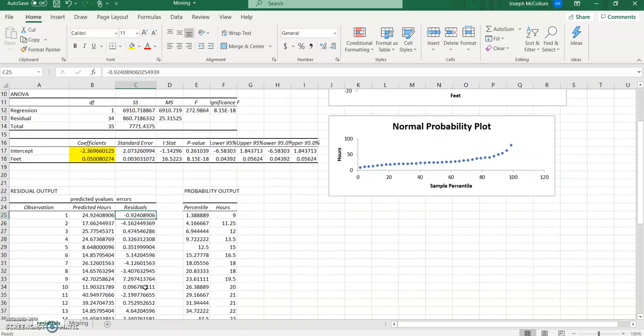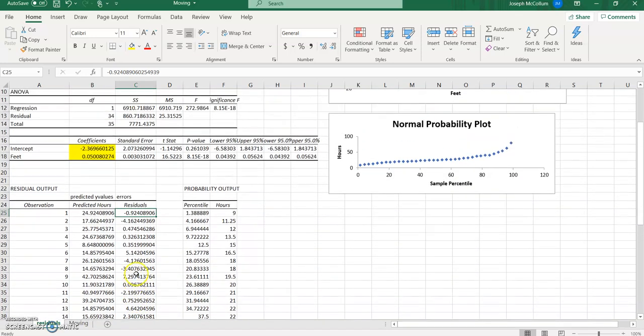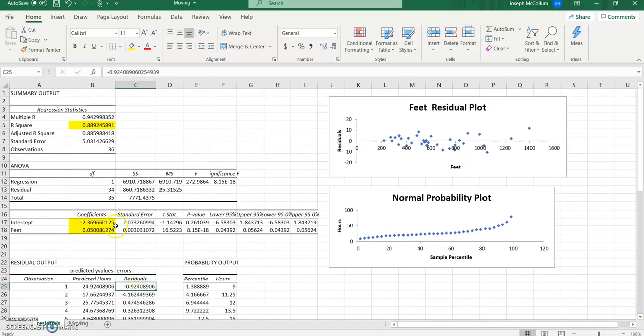What I want to do is take a look at these residuals and make sure there's no pattern in them. How do I do that? That's what this is, the residual plot. We have the feet, so you have your X plot and your error plot. And I've got to be careful. All right, so what is the residual equation? The residual equation is y minus y hat.